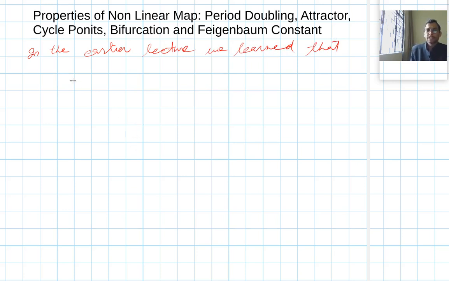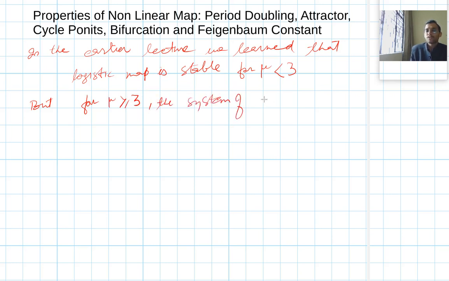logistic map is stable for mu less than 3, but for mu greater than or equal to 3, the system of long-term population bifurcates into two populations.